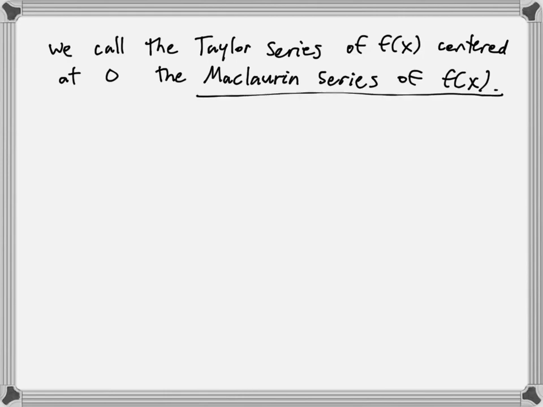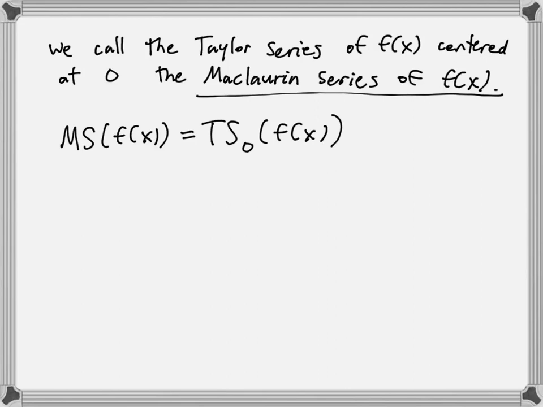Okay, so Maclaurin series is just a fancy name that means the Taylor series with center 0 of the function, okay? So what I like to do is just call it Maclaurin series of f of x. And remember, this is the same as the Taylor series centered at 0 of f of x, okay? These two mean the exact same thing.